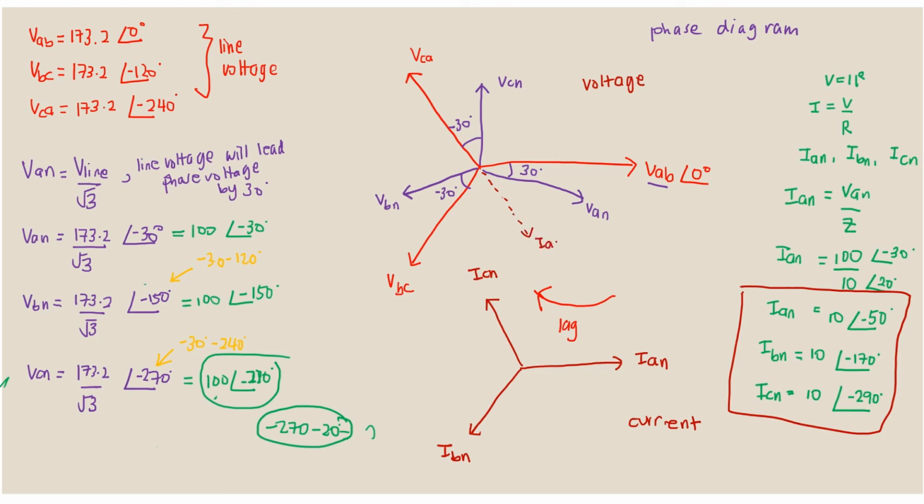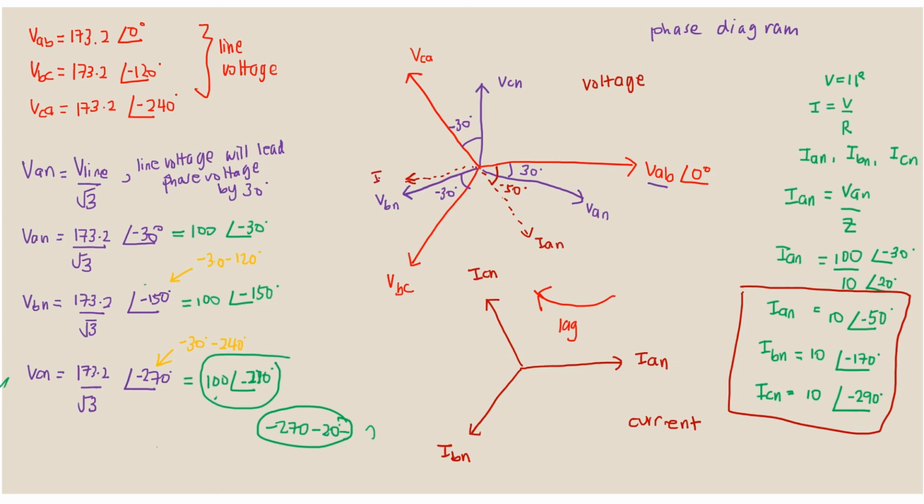Here is IAN, which represents negative 50. Next is IBN, which is negative 170.